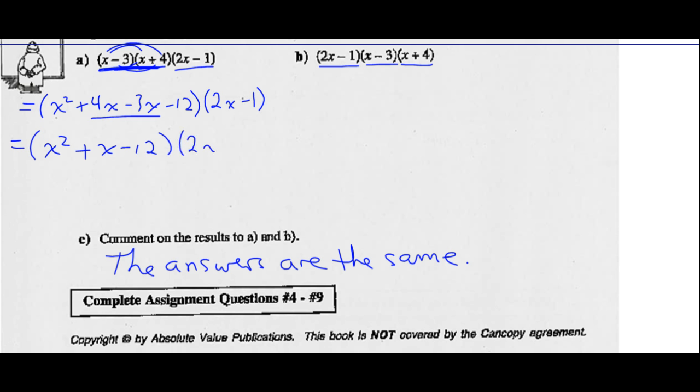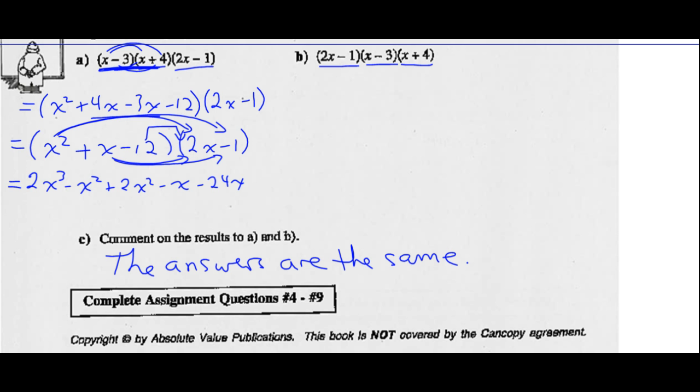Multiply that by 2x minus 1. So expand that out. X squared times 2x is 2x cubed. X squared times a minus 1 is a minus x squared. X times 2x, a plus 2x squared, and x times 1 is a minus x. And then negative 12 times 2x, a minus 24x. And negative 12 times negative 1 is a plus 12.